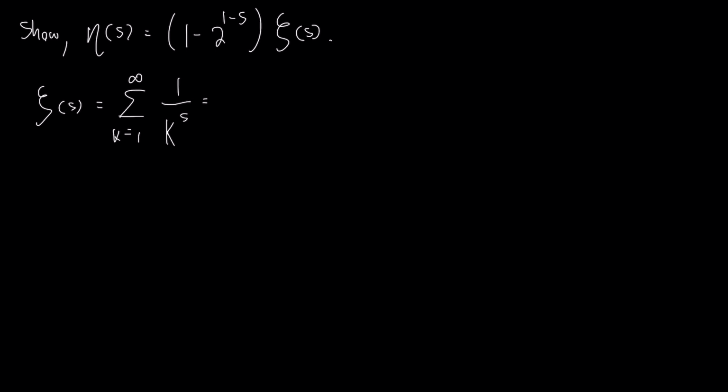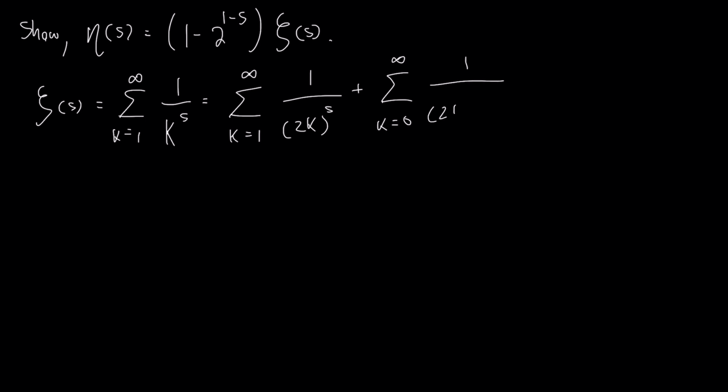Now from here, I'm going to break apart the sum into its even and odd parts. So this will be the sum from 1 to infinity, 1 over 2k to the s power, and then plus the sum from 0 to infinity, 1 over 2k plus 1 to the s power.